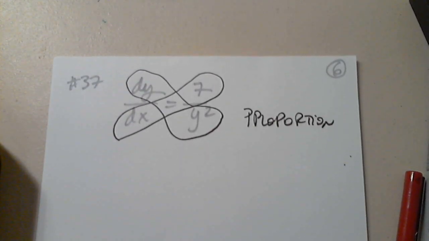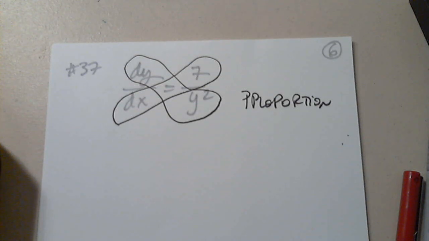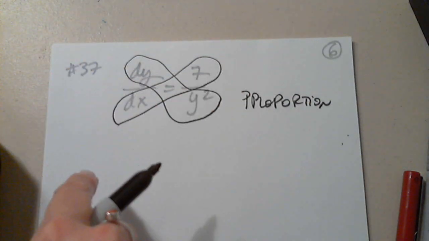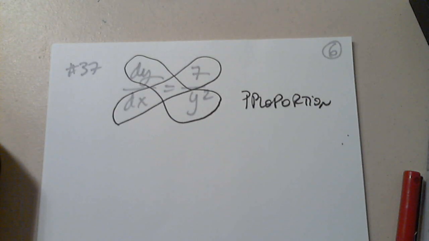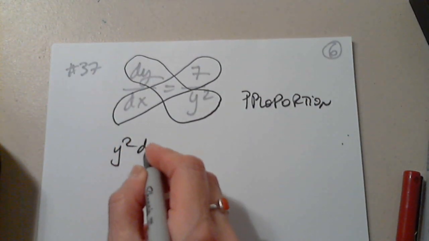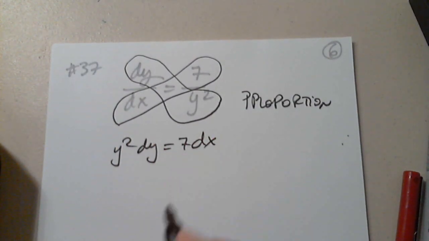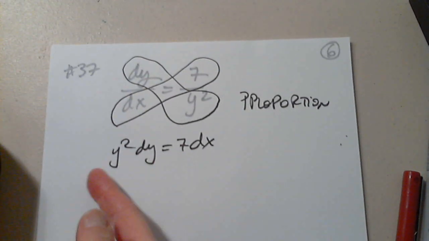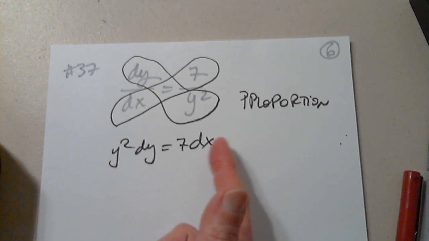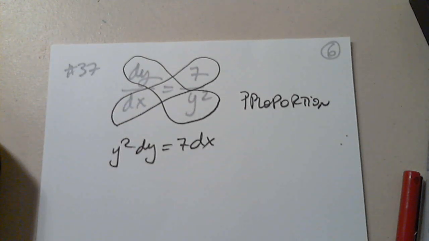But you are correct. Multiply by y squared and then multiply by dx. But just cross multiply. dy has to be at the end always. So y squared dy equals 7 dx. Yay! They are separated. Everything with y is on one side, everything with x is on the other. What do we do next? We separated them, now what?